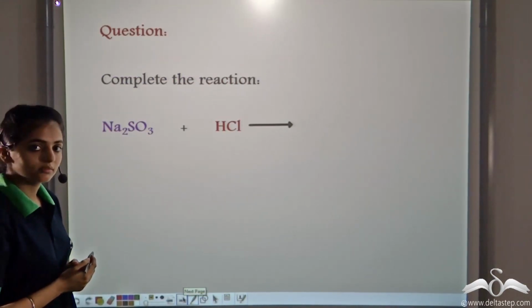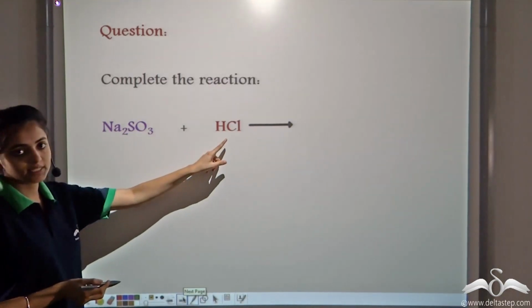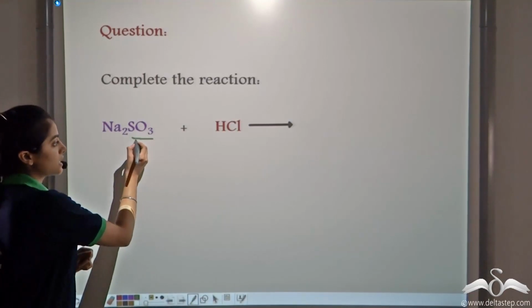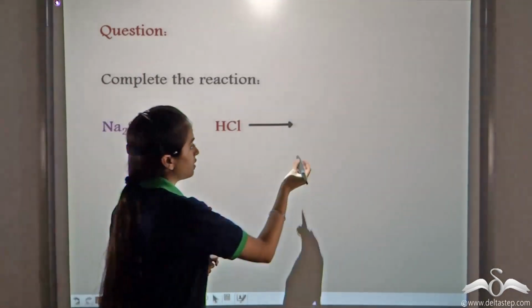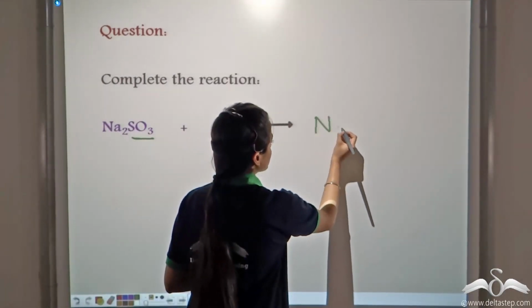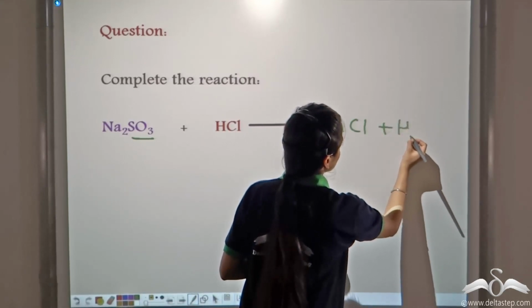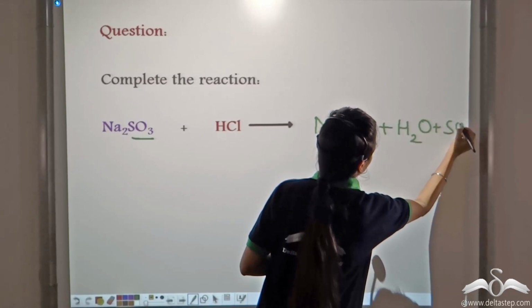Complete the reaction. We have sodium sulfite reacting with HCl. So when we have a salt, in this case we see a sulfite. When sulfites react with HCl, they form the corresponding salt, water, and they release sulfur dioxide gas.